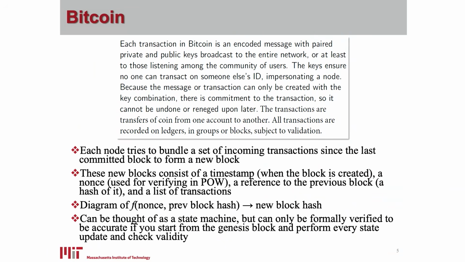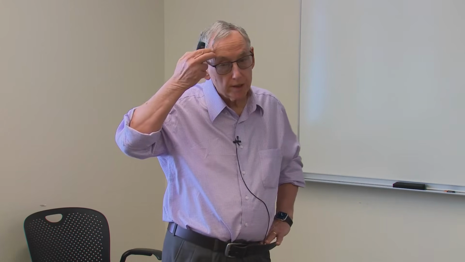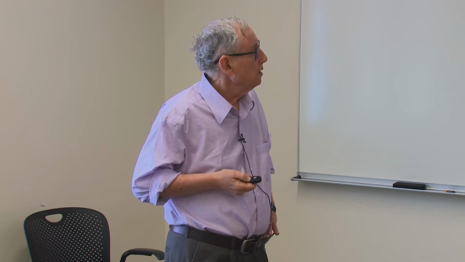Okay, so that's it, and then there's even more detail up here, just anticipating more material on encryption and so on. So these messages are encoded with public and private keys. The keys ensure no one else can transact on someone else's ID, impersonating a node. I guess I should add, the node is like a computer account.